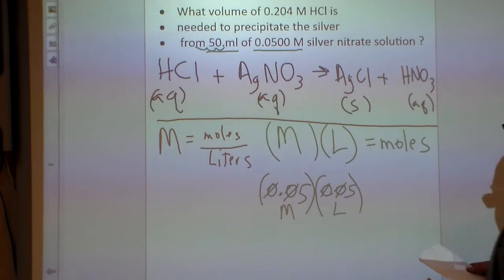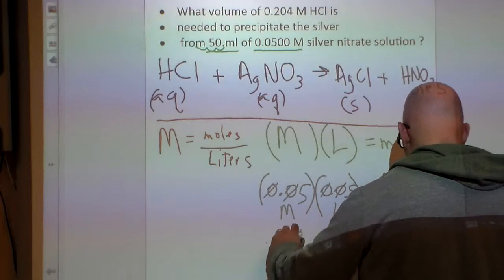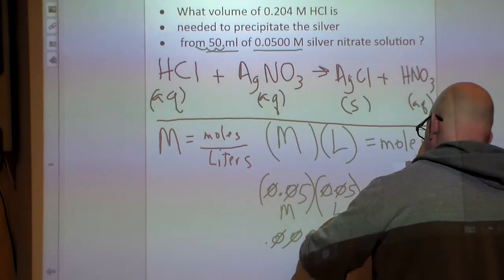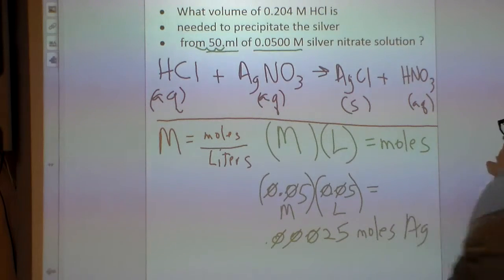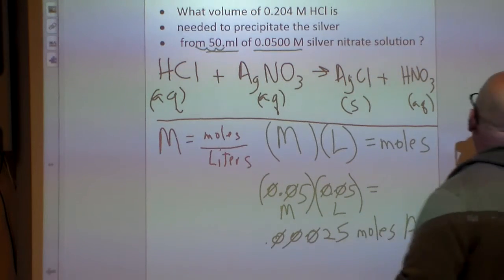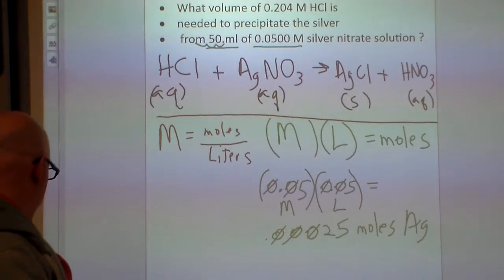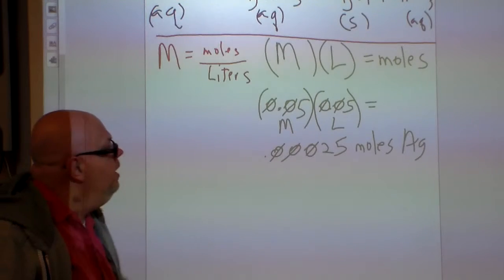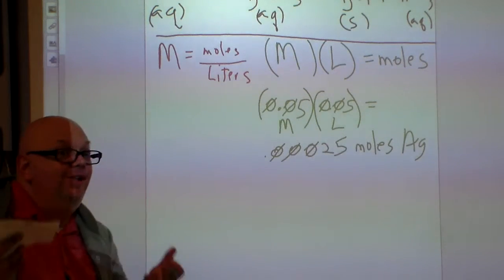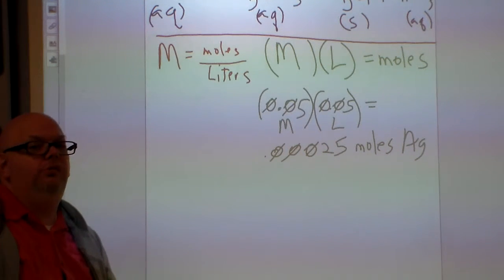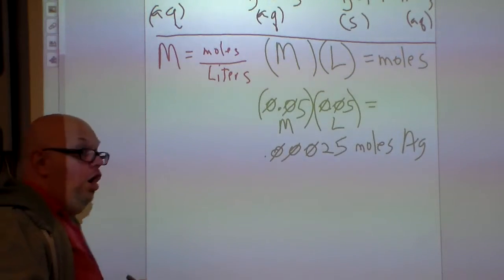So we multiply that, and we come out with 0.00025 moles of Ag. Great. Now we know how many moles of silver atoms we have. Fantastic. Our next gig.